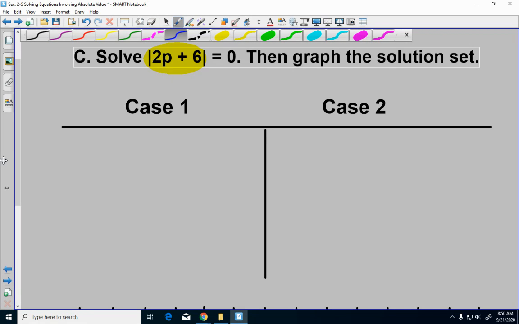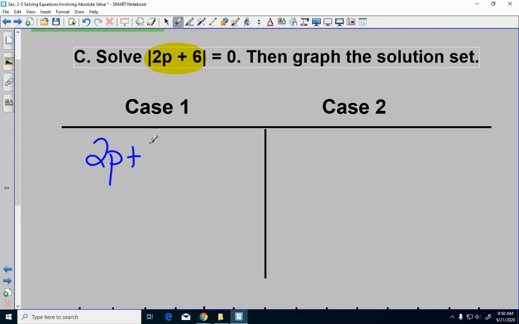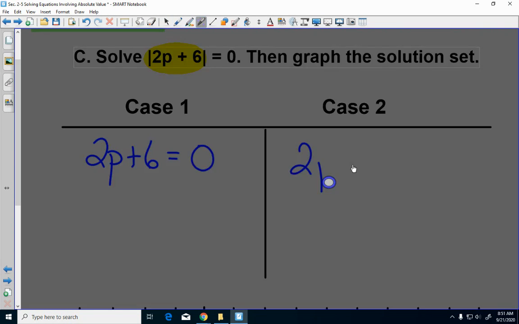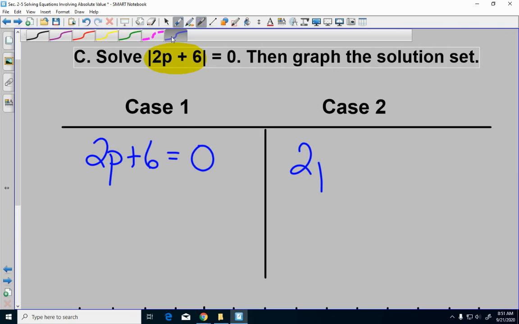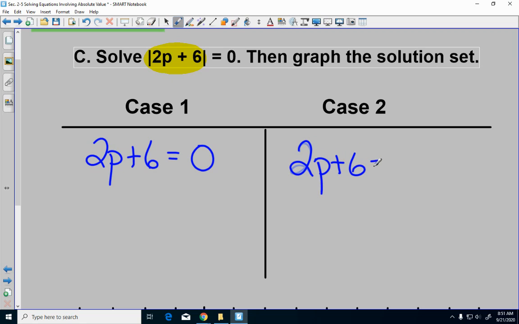Yes, ma'am? Correct. So when I write my first scenario here, like try to figure out when this thing is equal to 0, I would not come over here and write 2p plus 6 is equal to negative 0.